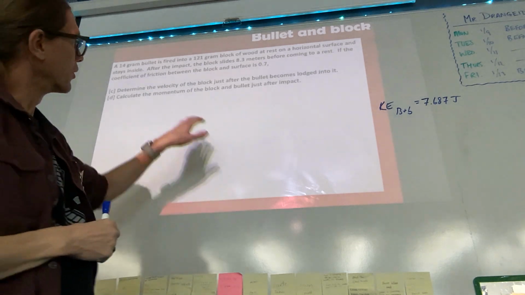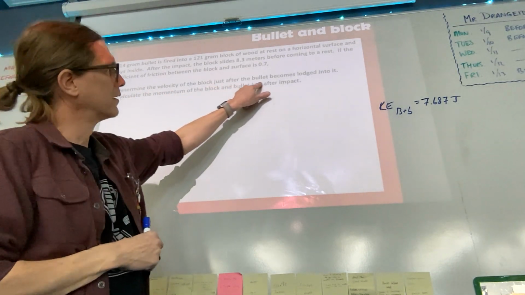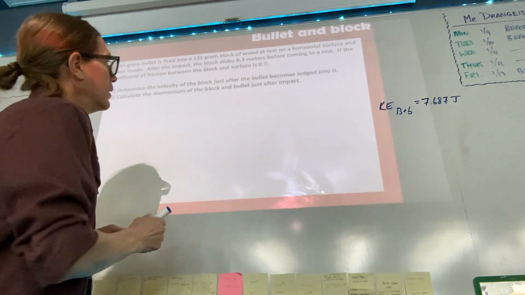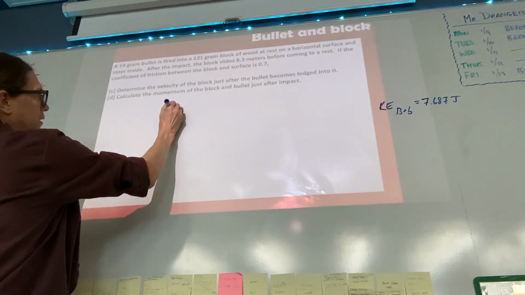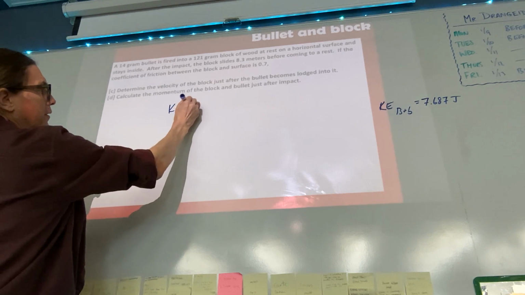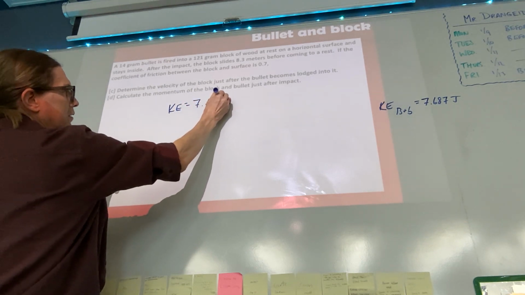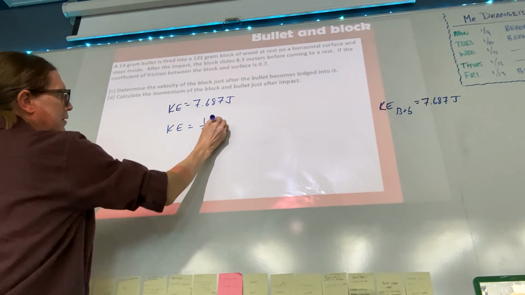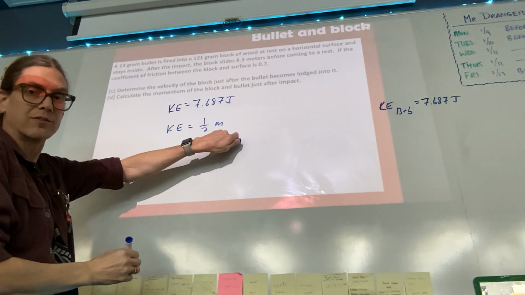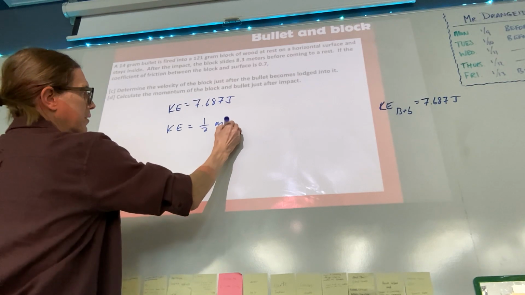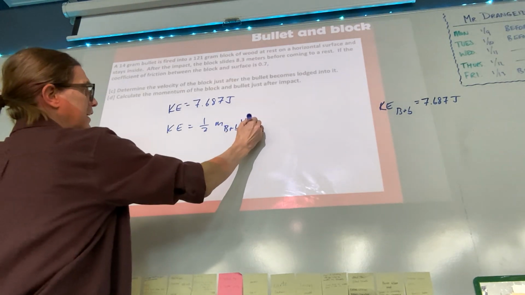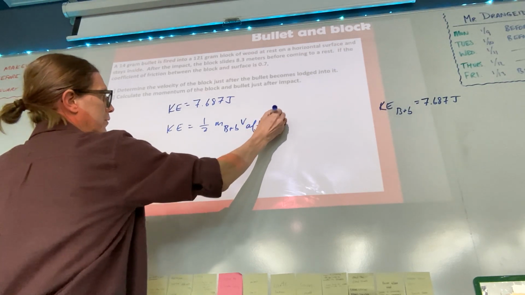So now we're looking at the velocity of the block just after the bullet hits it. Well, we have a kinetic energy. That's 7.687 joules. And kinetic energy is one half the mass, but it's the total mass, so it's the bullet and the block, times the velocity after the collision squared.